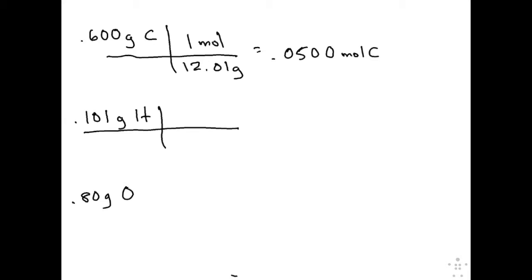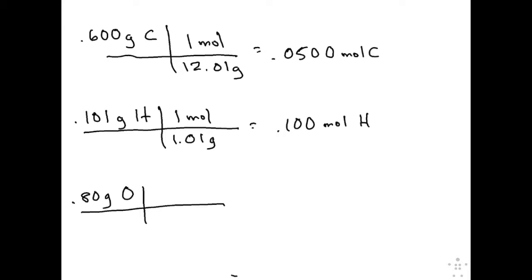Do the same thing for the hydrogen. 1.01 grams per mole is the molar mass. We divide that, and we're going to get 0.100 moles of hydrogen. Lastly, we convert the grams of oxygen to moles using the molar mass, and we're going to get 0.050 moles of oxygen.